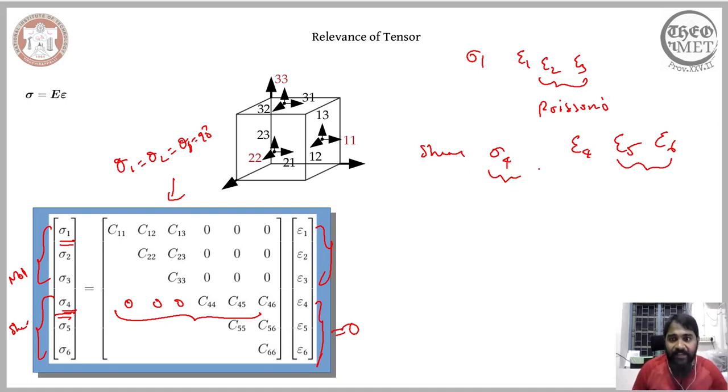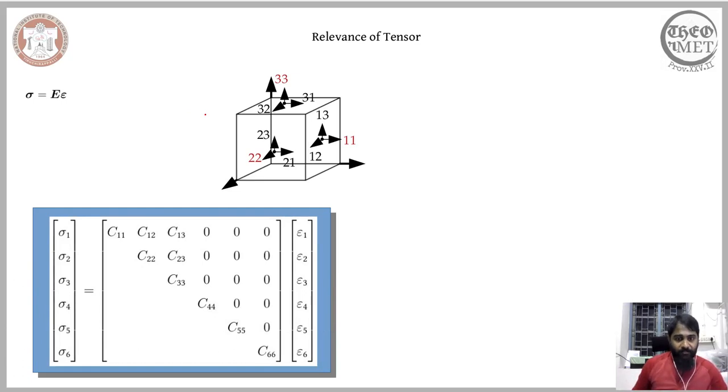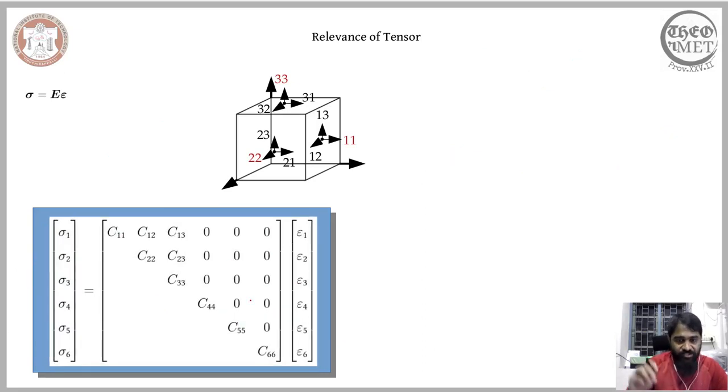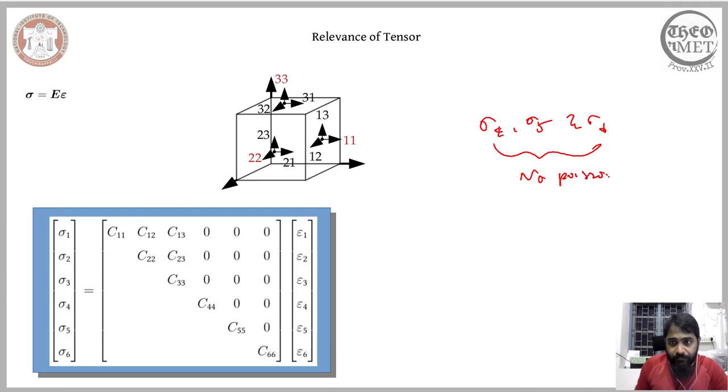If I take that understanding into consideration, then an accurate representation for a crystal satisfying this condition would be of this form here. So even these terms, which were originally non-zero because we were just considering the effect of normal stresses on the strain, now when we begin to consider the shear stress, even these terms turn to 0 because the shear strains, that is 4, 5 and 6, have no Poisson's effect.